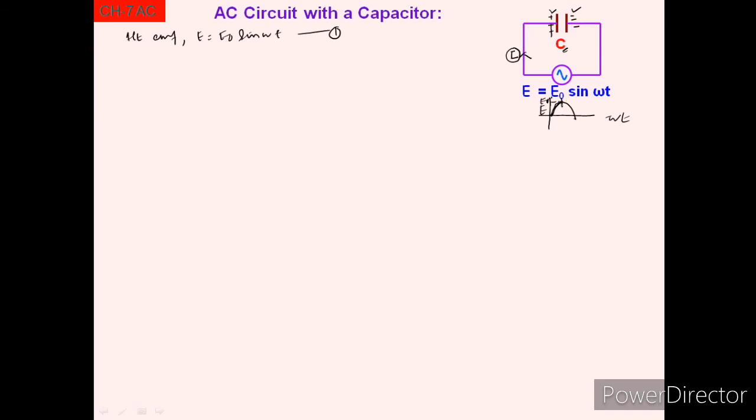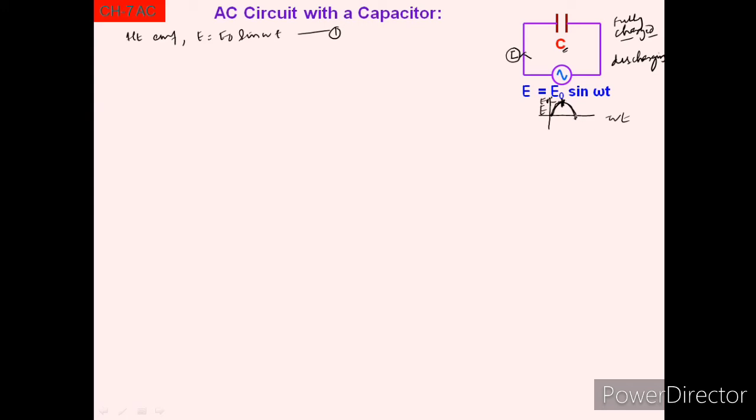When the EMF attains maximum value, the charge stored on the capacitor will be maximum, means the capacitor is fully charged. After that, the capacitor will start discharging, means its positive charge will now decrease.